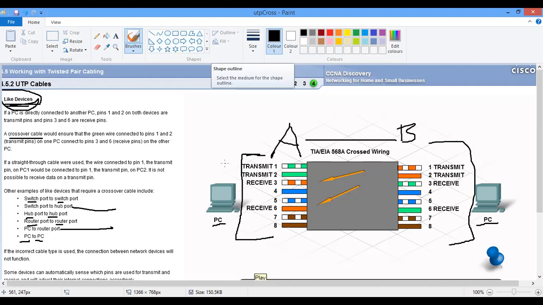Or if I'm running PC to a switch and I decide to use crossover instead of straight through, it will still work. But I'm just telling you this in case, especially when you are going for your exams. I have experienced that crossover and straight through do not matter again because of our technology.